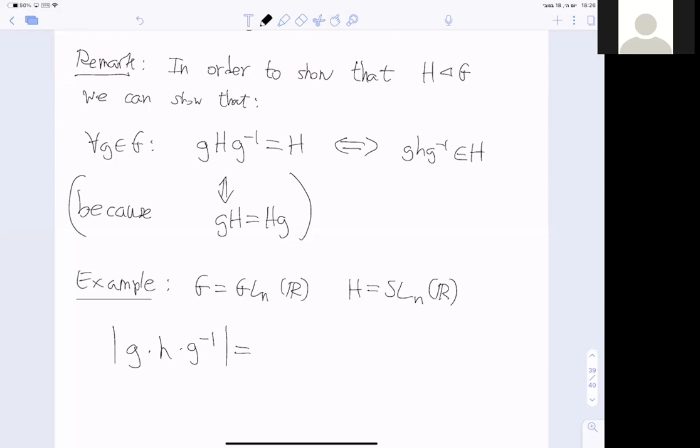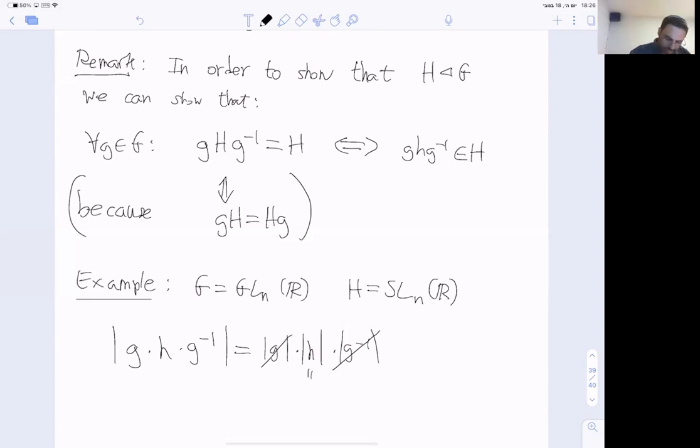I think that the determinant is a homomorphism, right? So you can take the determinant of each element. No, you're not mistaken. These are reduced, and this is 1.